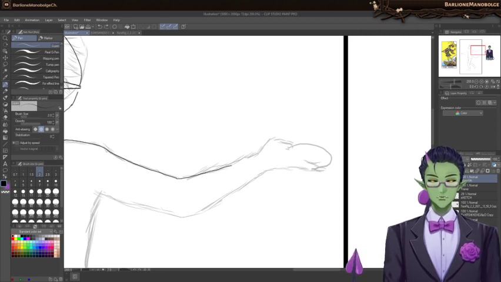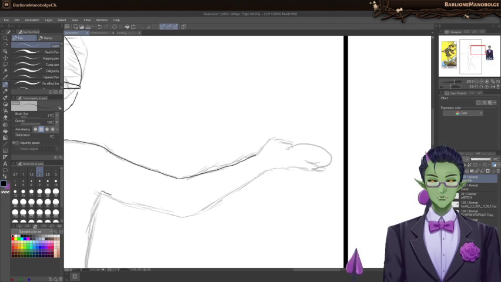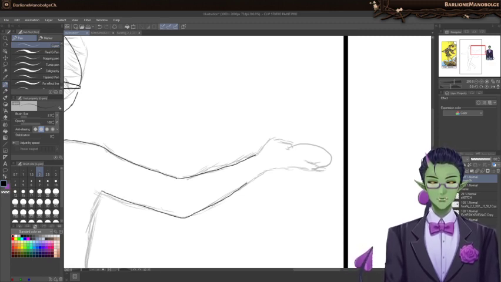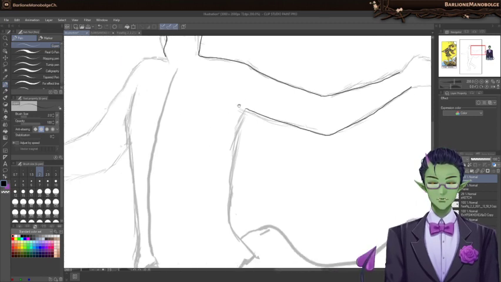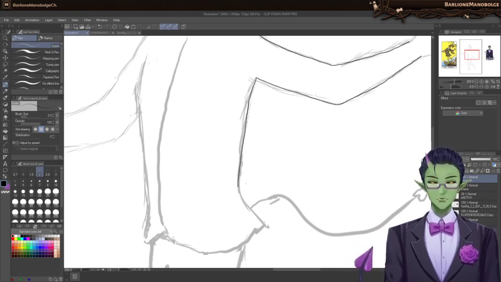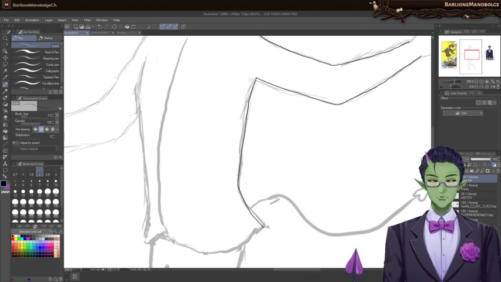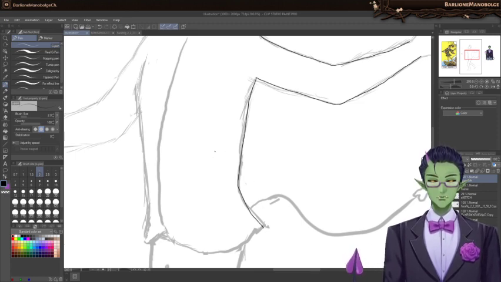Once again, I'm going to stop before I reach the hand, because I'm not feeling drawing a hand. Alright, this portion of the body is difficult because it's defined by my clothes.